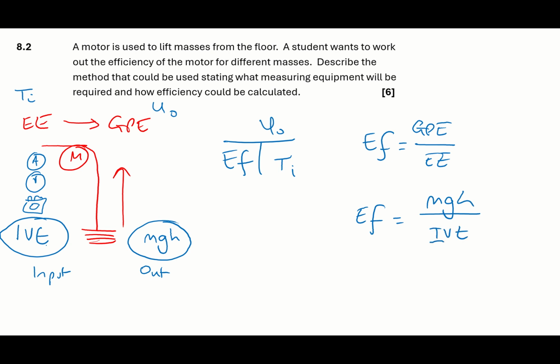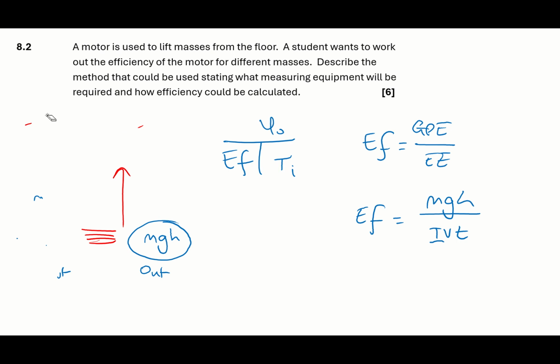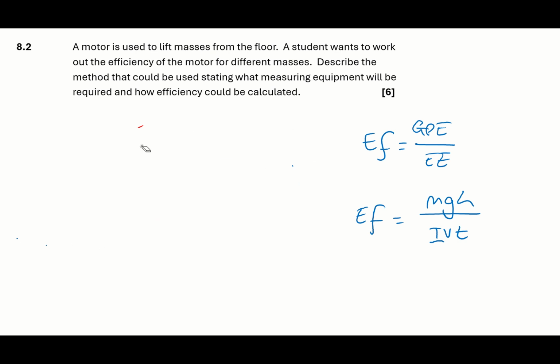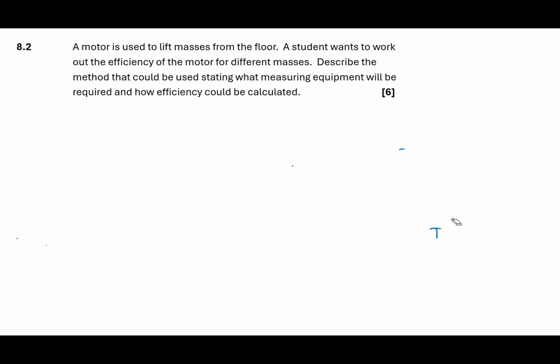So tough, yeah, it's a tricky question. So I'm going to rub all of this out. There's an explanation of what goes on with the efficiency of the motor. If you're stuck on this at all, just give me a shout after school on the Thursdays. So almost finished rubbing all this out.